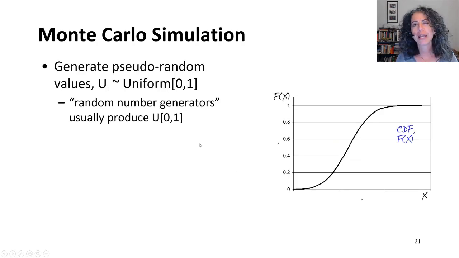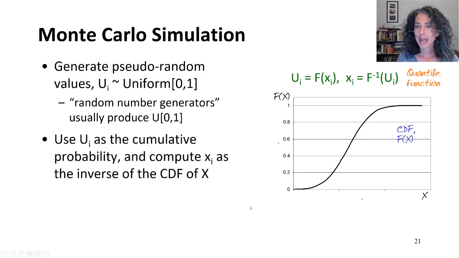Now we're going to generate random values that are uniformly distributed between 0 and 1. Random number generators generally do produce pseudo-random numbers like this between 0 and 1. Right, I'm going to use those uniform values as a cumulative probability, right, and compute the inverse CDF. Now, I like to look at this more visually.